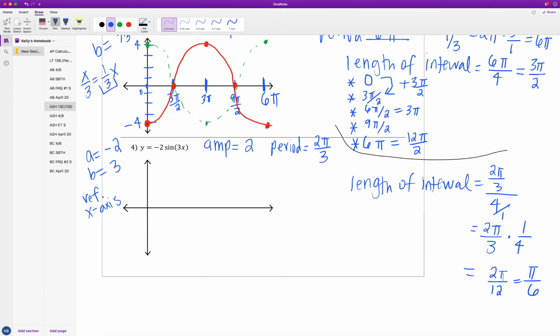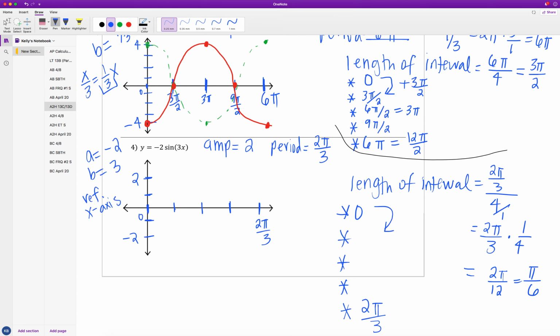I'm going to start labeling over here, so I've got 2 up here and -2 down here. I know that my period is 2 pi over 3. I am going to be starting at 0, and I want to find the 3 points in between. I've got 1, 2, 3 more to find, and I should end up at my period, 2 pi over 3, and let's see if we do.